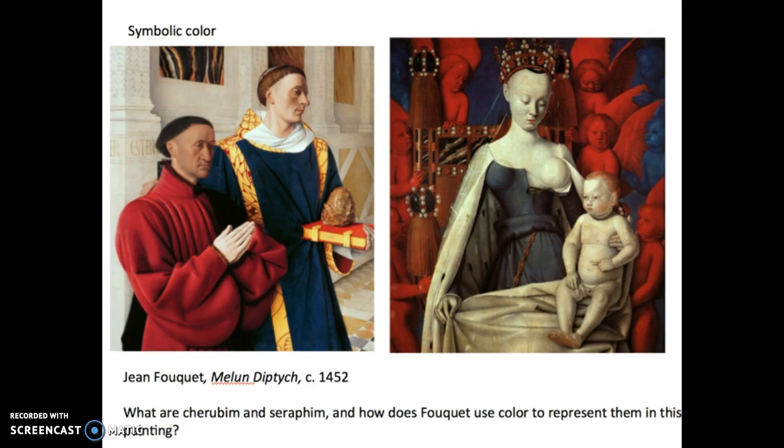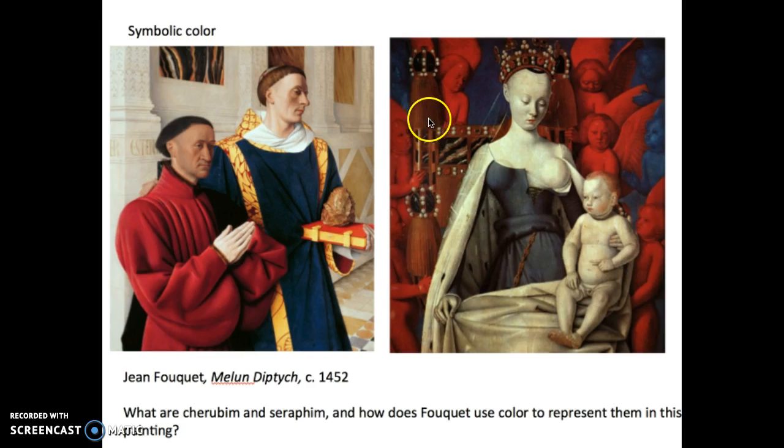Color can also be used symbolically. For example, this painting by Jean Fouquet, titled The Milan Diptych, represents the otherworldliness of this scene to the right. We're looking at a fairly odd composition. We've got this almost alien Madonna, Virgin Mary here, with this bulbous, round, spherical, exposed breast.